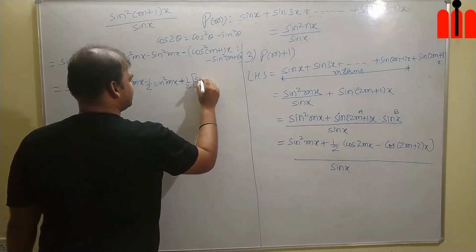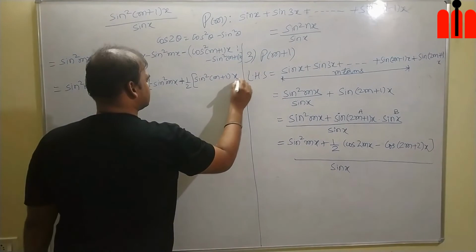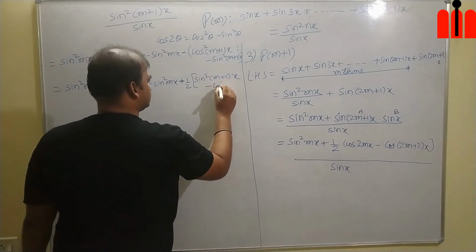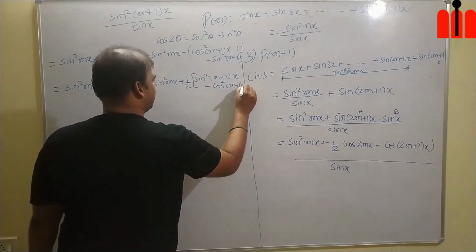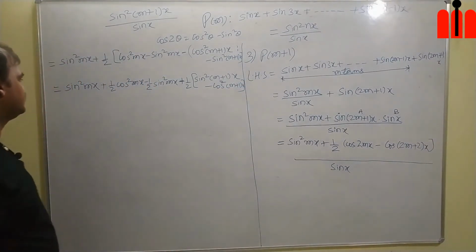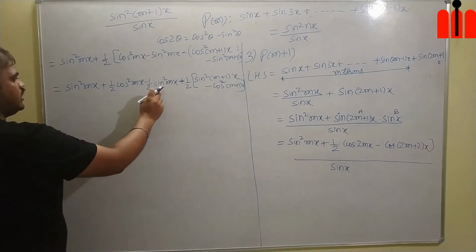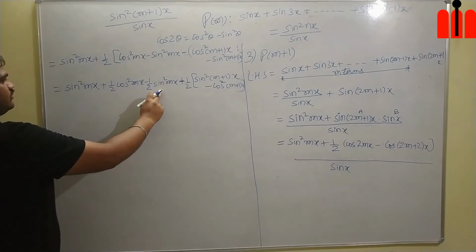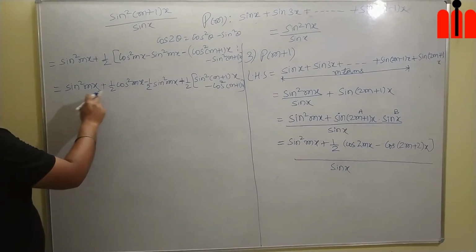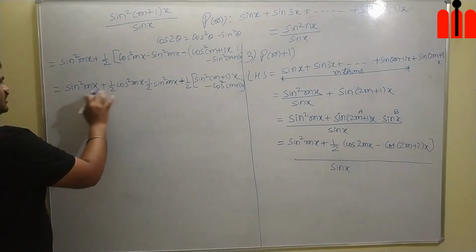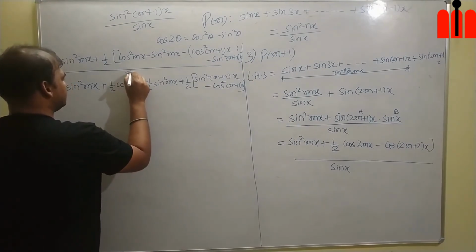So it will become sin square m plus 1x minus cos square m plus 1x. Okay, now this half of sin square mx, this is sin square mx. So these two, if you subtract, now this entire thing is divided by sin x.